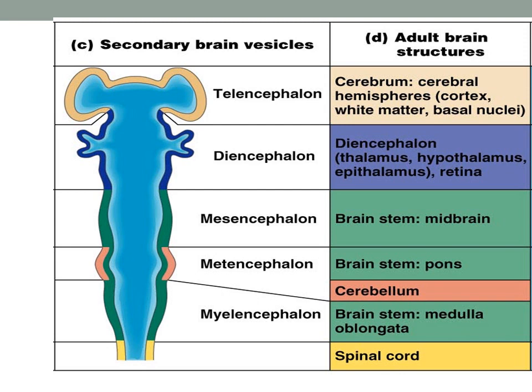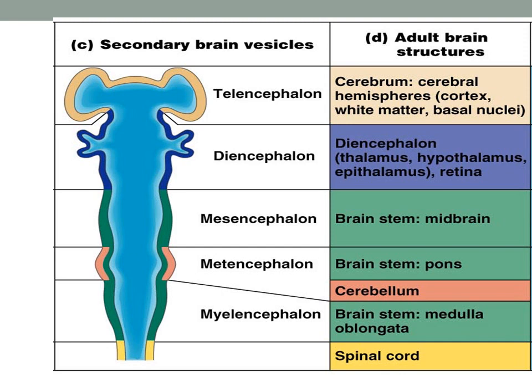And the metencephalon gives us the pons of the brainstem and the cerebellum. And the myelencephalon gives us the medulla oblongata of the brainstem. And then below the myelencephalon, again, we simply have the spinal cord.